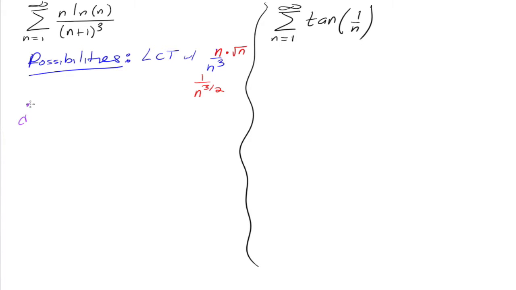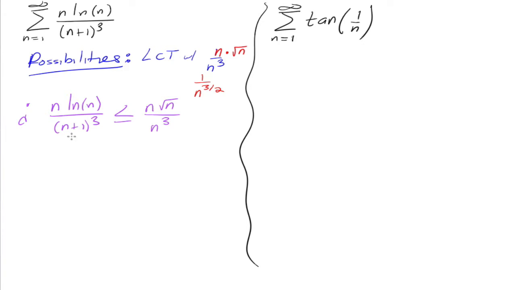We're testing for convergence, so the inequality that we would want is that n ln of n over n plus 1 cubed is less than or equal to n root n over n cubed, right? Which depends on whether that's easy to show.